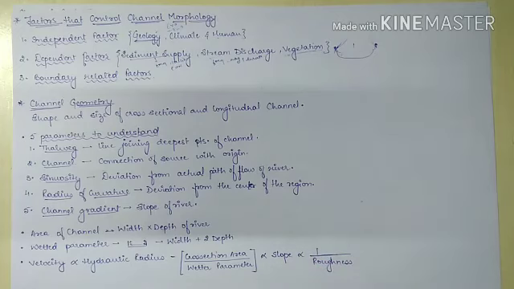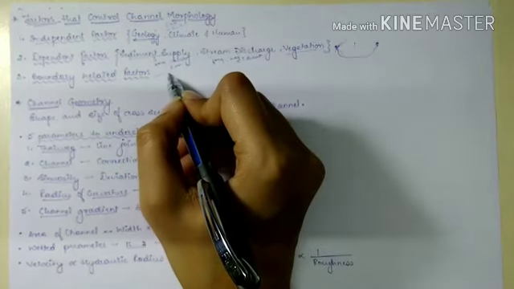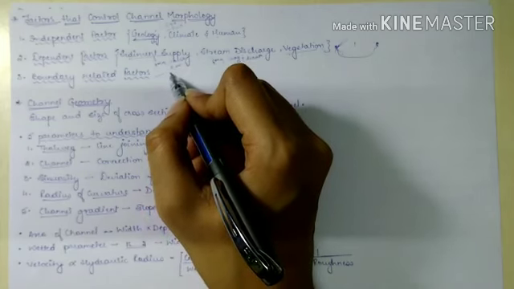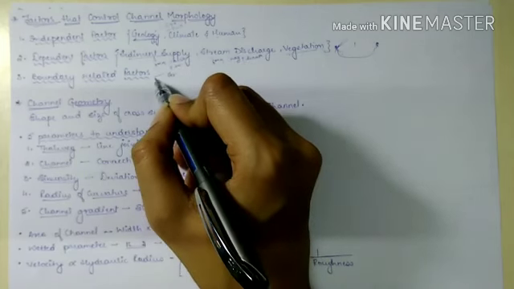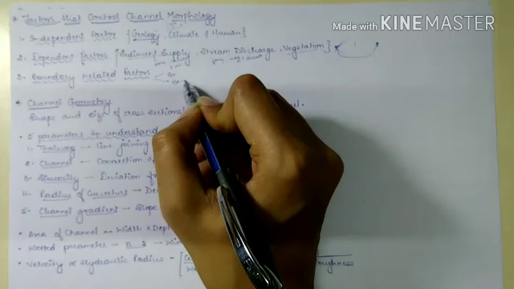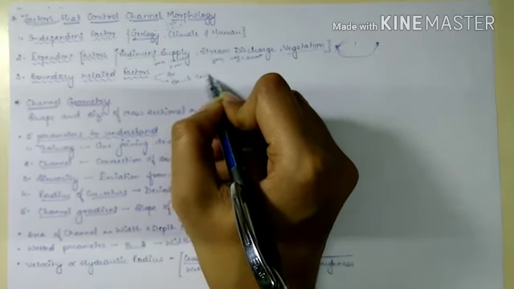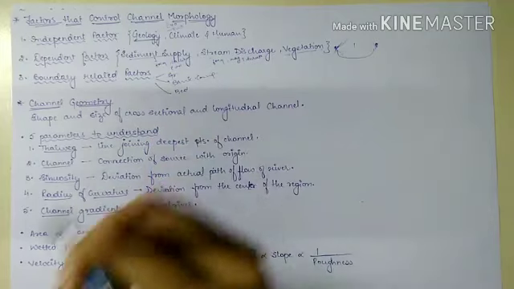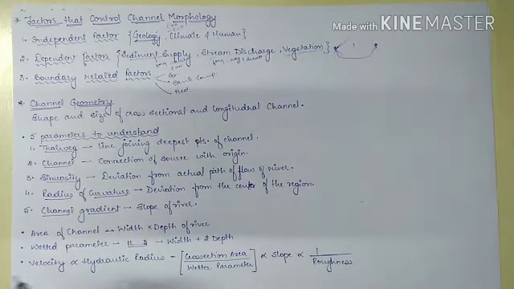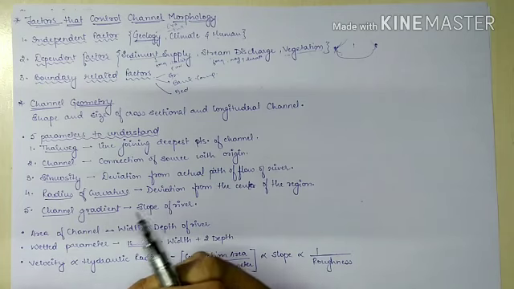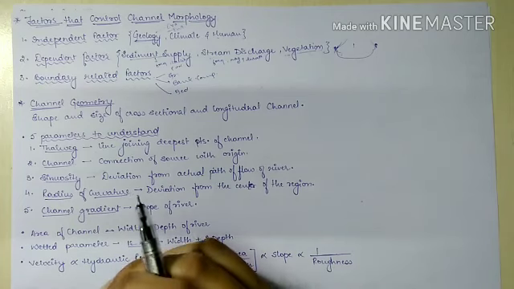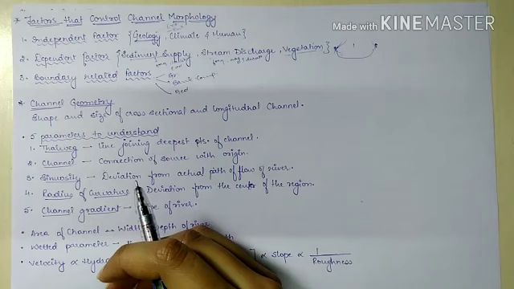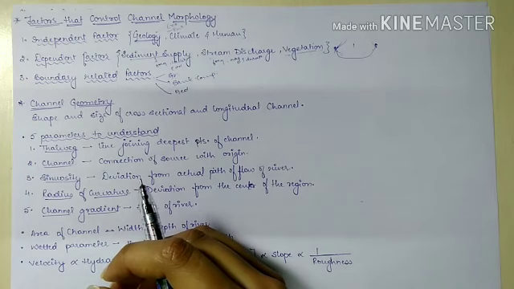Next is bedrock. So here we have channel gradient, next we have bank composition, next we have bedrock. Bedrock and other non-erodible materials like colluvial material, or compact tills also it can include.